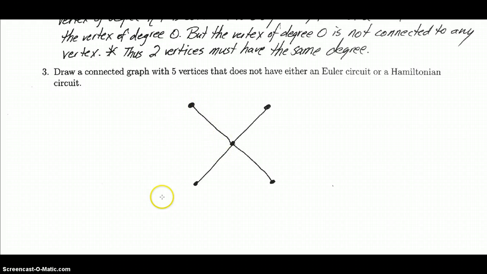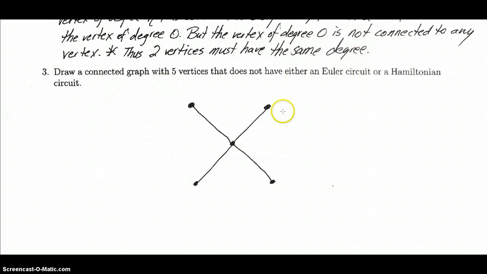So anytime you have the graph divided in sections with vertices like this, or the only way to get through a vertex is one with a degree higher than 2, we know that's not going to work out either, because we can't return to the vertex once we've already left it in a Hamiltonian circuit.